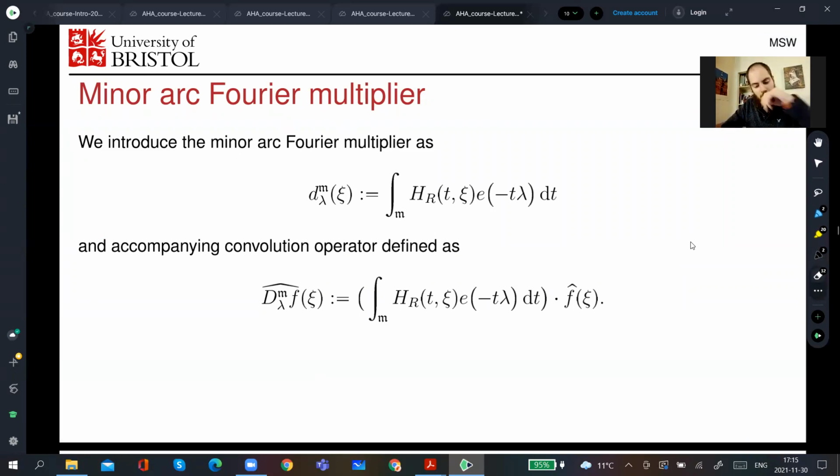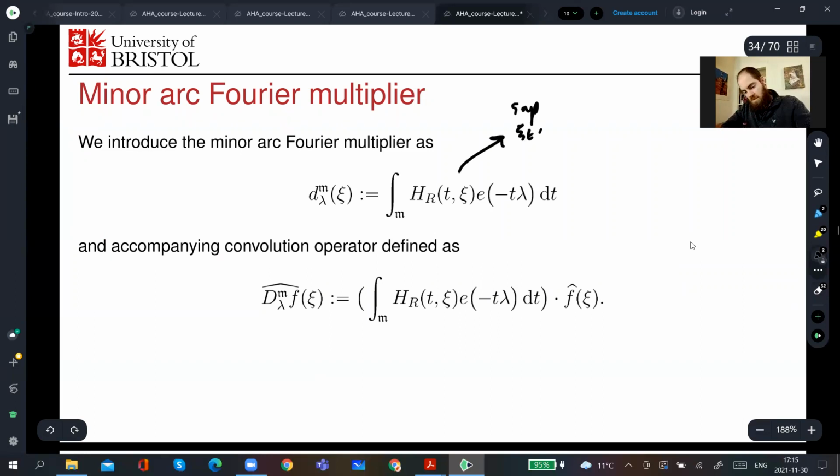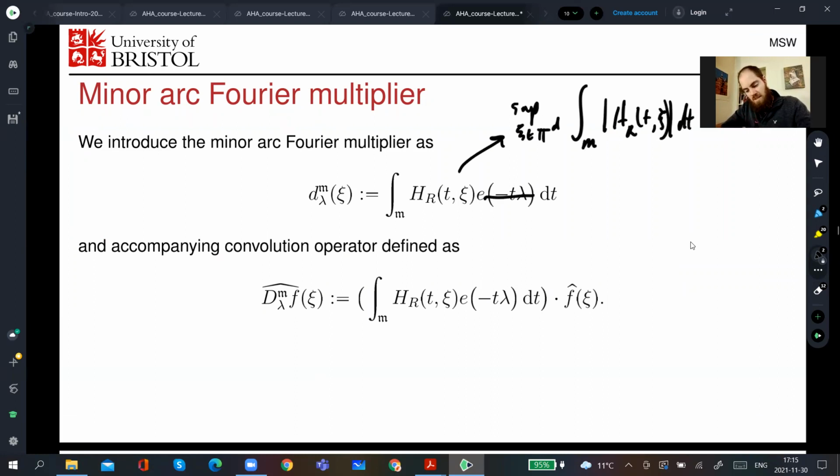The supremum over lambda means that we want to bound instead the sup over c in the torus of the integral over the minor arcs of h_R t c with respect to t. We take absolute values to destroy any potential oscillation coming from this factor.